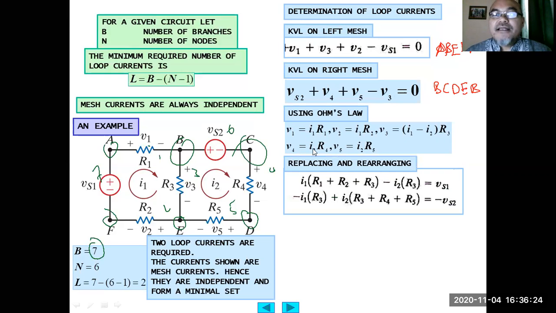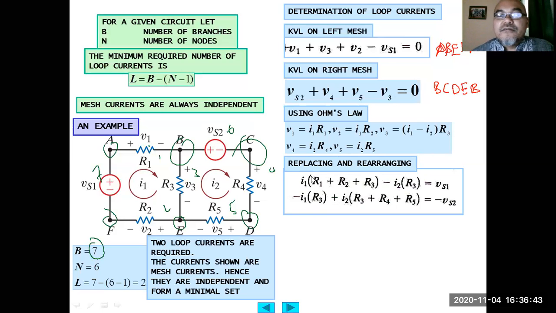By replacing and arranging these two equations, you now group according to the current. In Kirchhoff's current law, you group according to node voltage. In this loop analysis, you regroup according to the loop currents.